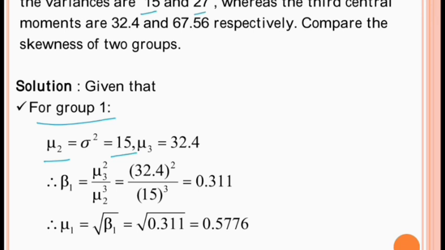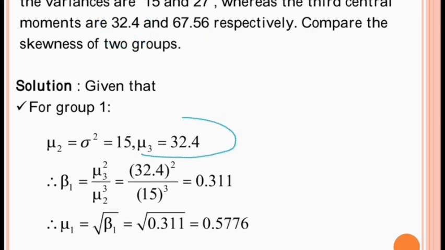Whereas the third central moments are 32.4 and 67.5. Now this 32.4 is for group 1. So mu3 is equal to 32.4.